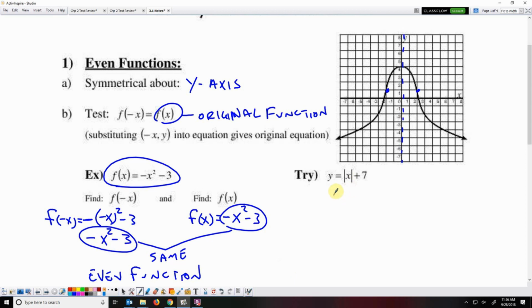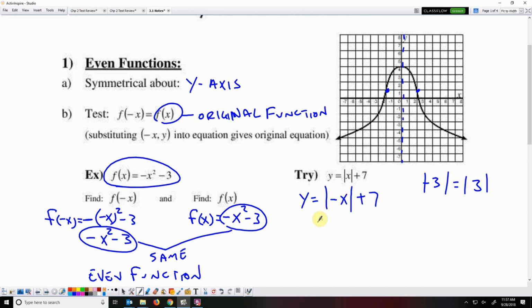Okay, is this an even function? So this time it's y equals, but that's fine. So we've got y equals the absolute value of the opposite of x plus 7. Now, for any number, so say negative 3, its absolute value is exactly the same as the absolute value of positive 3.